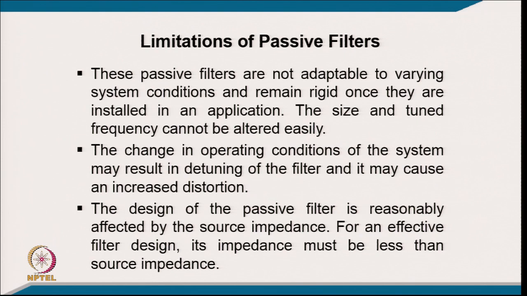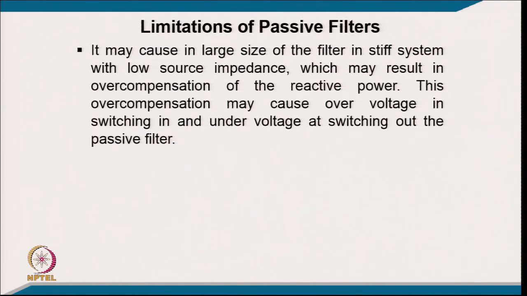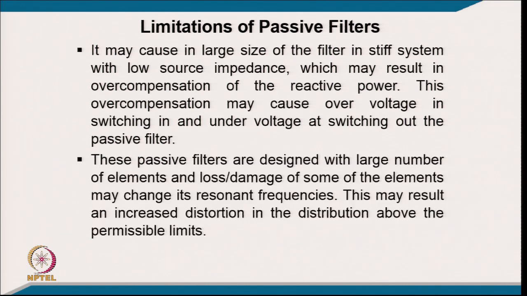For an effective filter design, its impedance must be less than the source impedance. Another limitation is that it may result in a large filter size in a stiff system with low source impedance, which may result in overcompensation of the reactive power, and this overcompensation may cause overvoltage when switching in and undervoltage when switching out the passive filter.